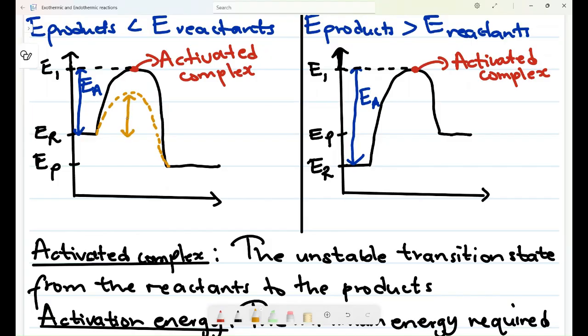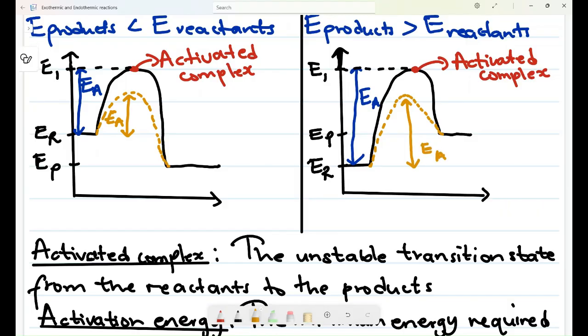Can you see it is now lowered? This is our new Ea. Similarly here, the effect of a catalyst starts from the reactants, goes there, takes a shorter route and ends at the products. Can you see our activation energy is now lowered?